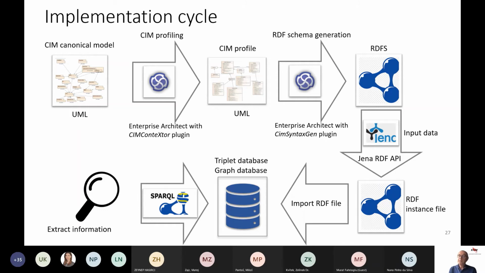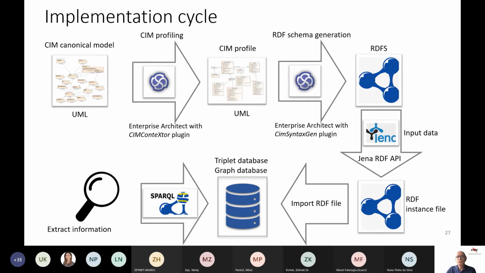And in the last slide, I just want to show you how this implementation cycle goes when you want to send someone a grid topology in CIM XML, for instance, or RDF format. It means that after we define the physical model which we want to model, we use the CIM canonical model, which is provided in UML.